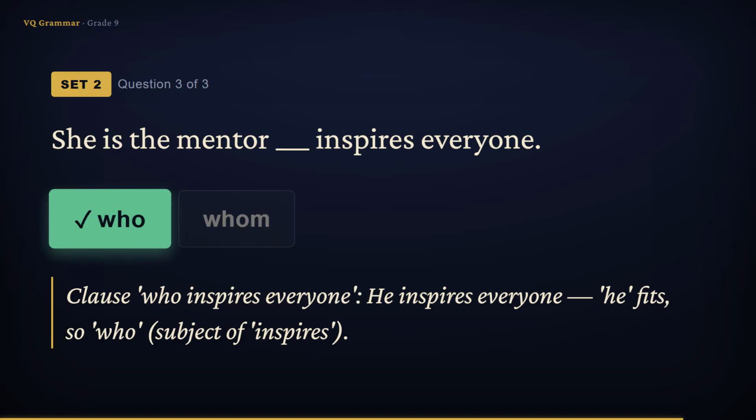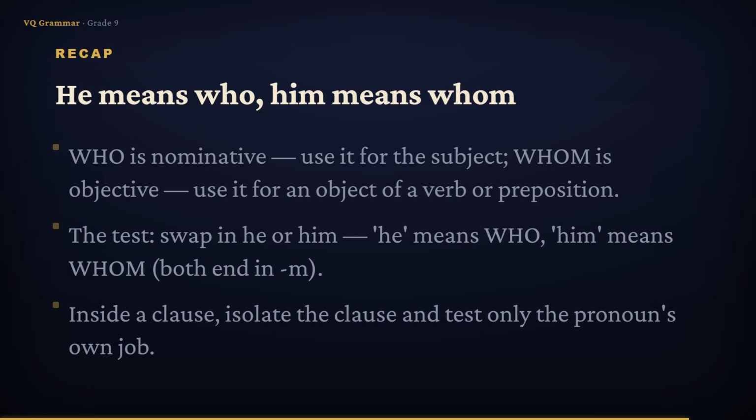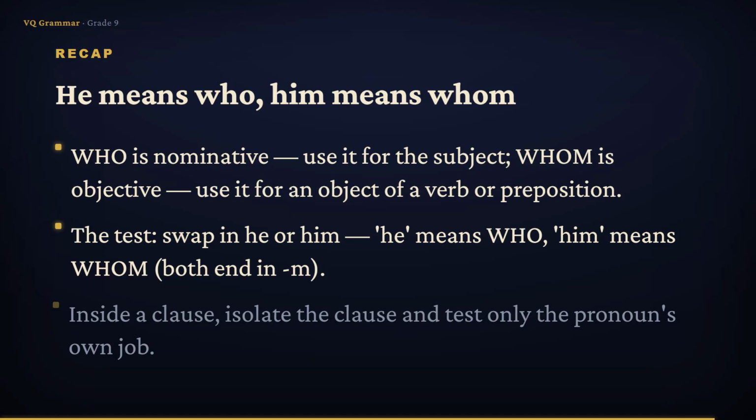The answer is who. Let's gather up what we've learned about who and whom. Who is the nominative pronoun. You use it for the subject, the doer of the action. Whom is the objective pronoun. You use it for an object, whether that's the object of a verb or of a preposition. And whenever you're unsure, run the test.